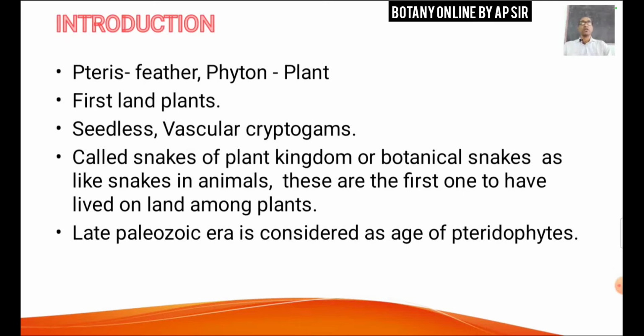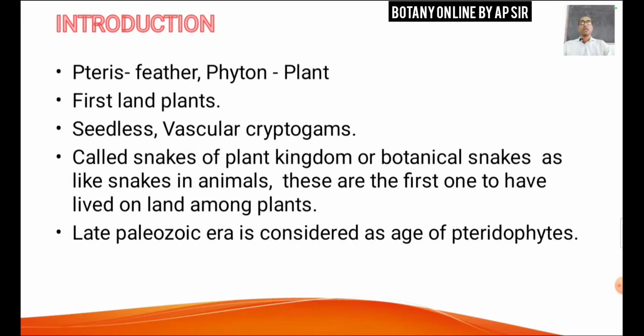Okay, remember it. And also the most important thing is that these are vascular cryptogams. Okay, as they belong to cryptogams, obviously they are seedless, but unlike the bryophytes, which were non-vascular, the pteridophytes are vascular cryptogams. They are otherwise known as the botanical snakes.